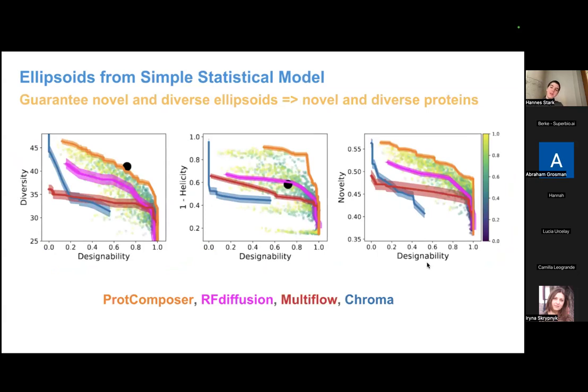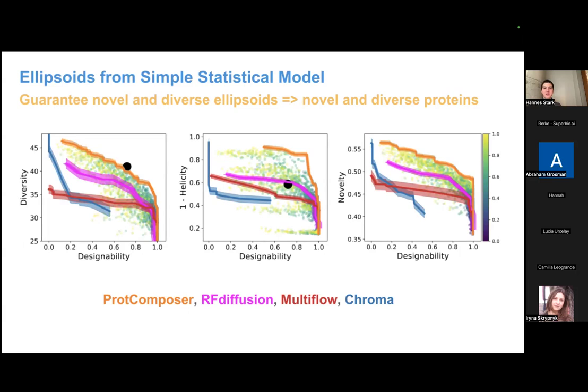But maybe the main quantitative result is the trade-off that we can now achieve between designability and these other three quantities that we're interested in: the novelty and the diversity of our generations, and also how helical they are. And this we can look at by tracing out a Pareto frontier under all sorts of different parameters of the model.